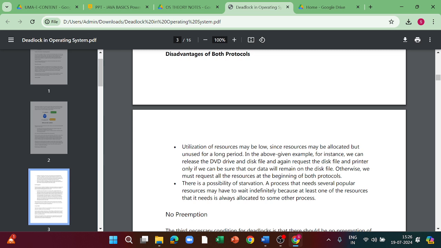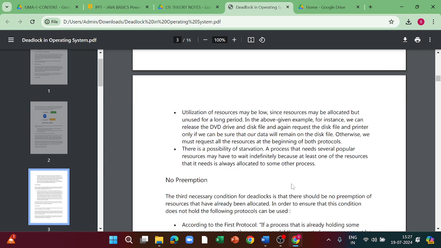Yes, utilization of resources may be low, since the resource must be allocated for a long period. We can release a DVD drive or a printer to some other process at the beginning of the protocol, and it is possible that the resources needed by the process we will not get back. So these are all the drawbacks of this.